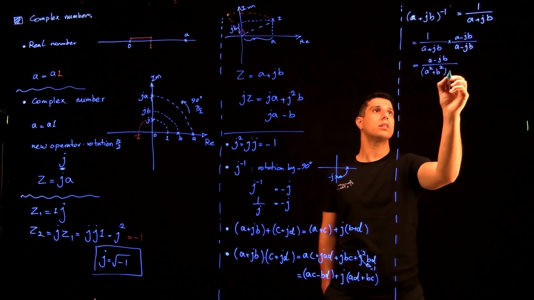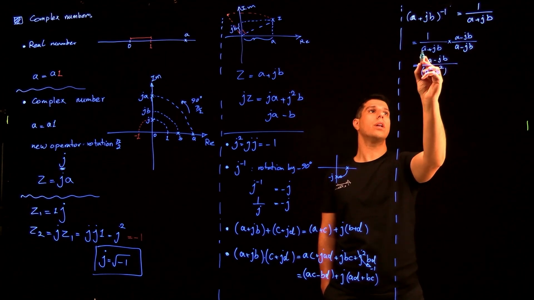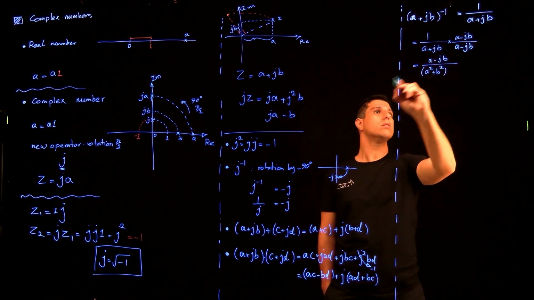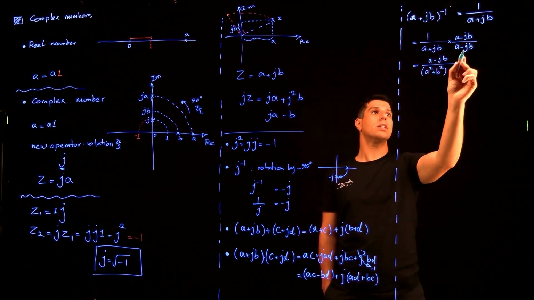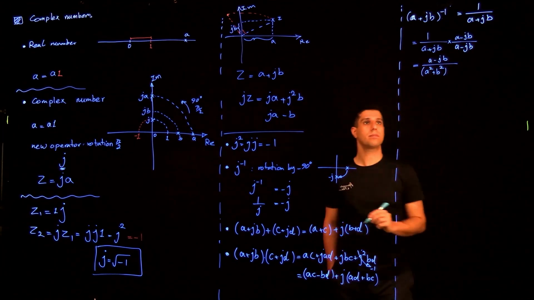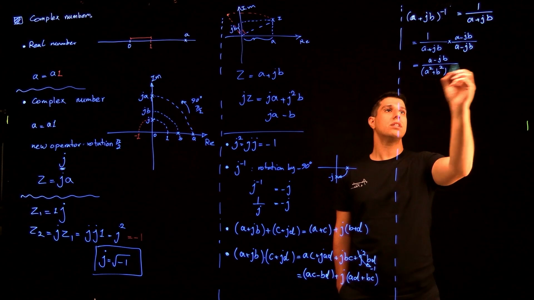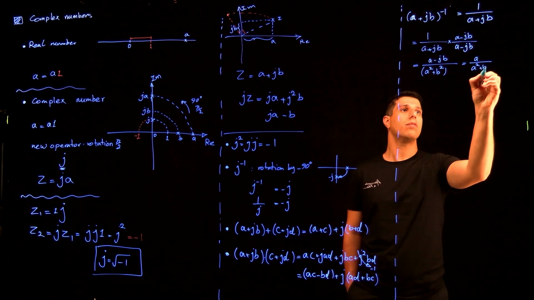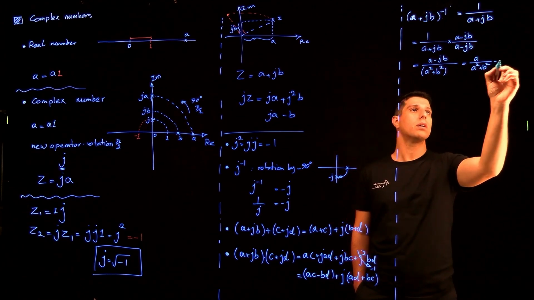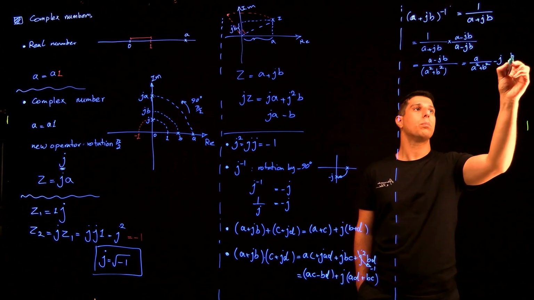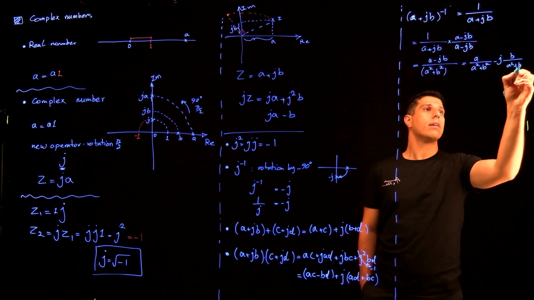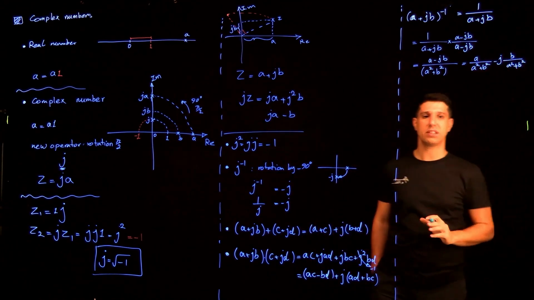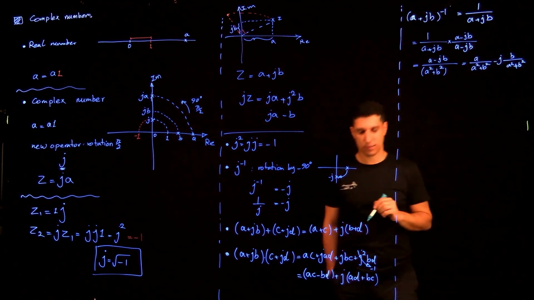This is the real part. Plus, I have A times minus JB, minus ABJ plus ABJ, they cancel. And this is the better representation or notation of the same complex number: A over A squared plus B squared, minus JB over A squared plus B squared. We usually like to see complex numbers in this way rather than in that way.